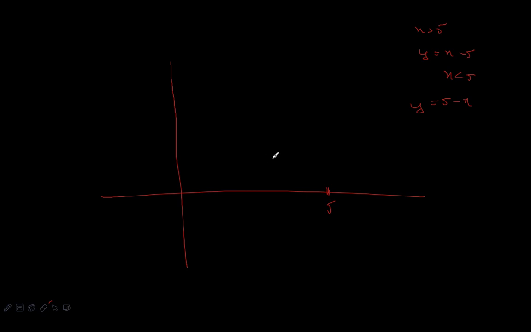This whole region is x less than 5. So for this region, the equation is y equal to 5 minus x, which can be written as x plus y equal to 5. Sorry, I have written it wrong.